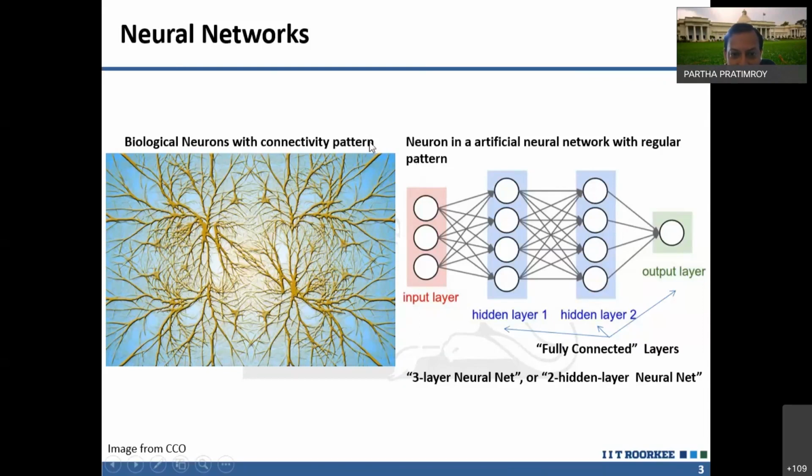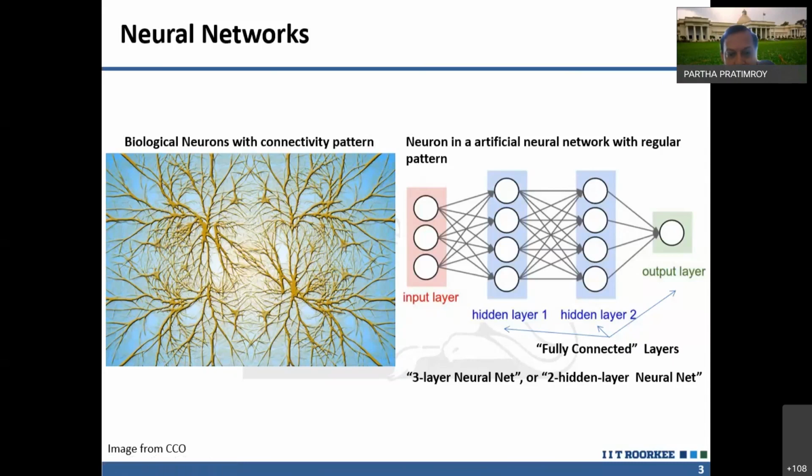If you know the basic neural network, I think you have already studied it, so just refresh. It looks like biological neuronal architecture, where so many neurons are connected to each other in a complex manner in the human brain.